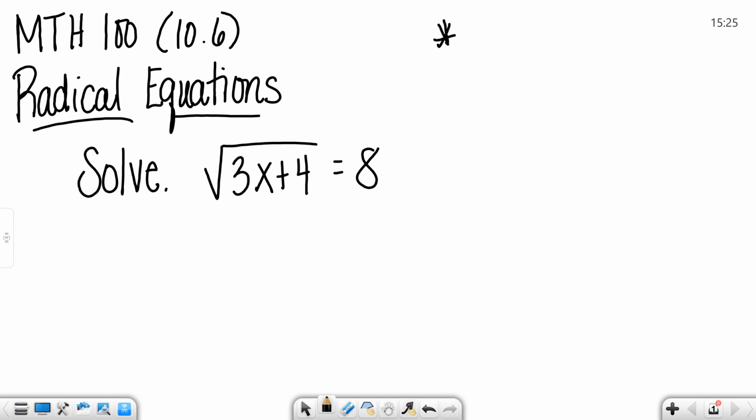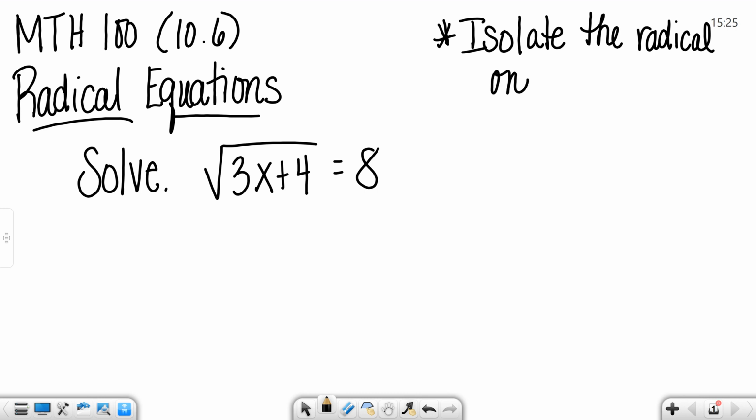So there's two things that we need to make sure of. The first thing we need to always do is isolate the radical on one side. In this particular problem that I have here for you, it is already isolated on one side.